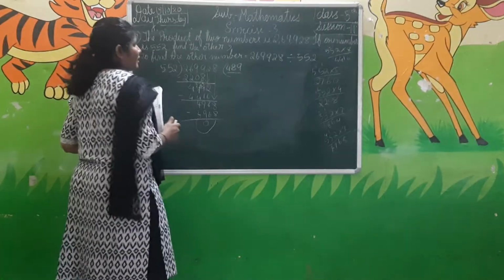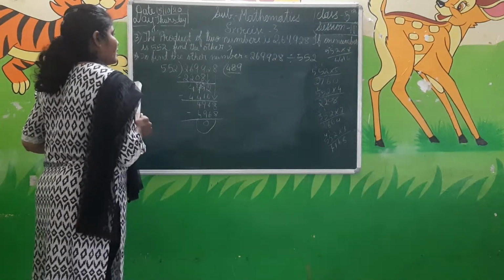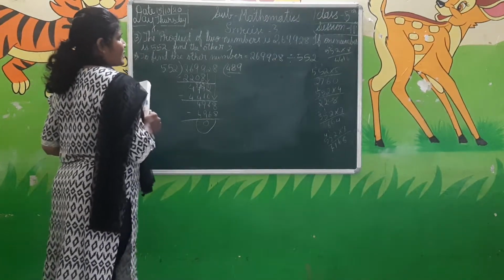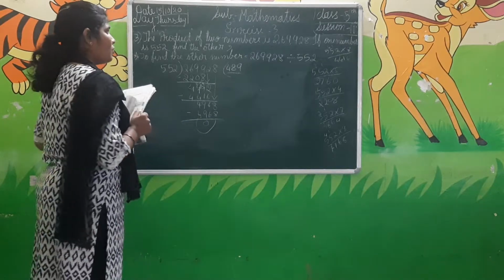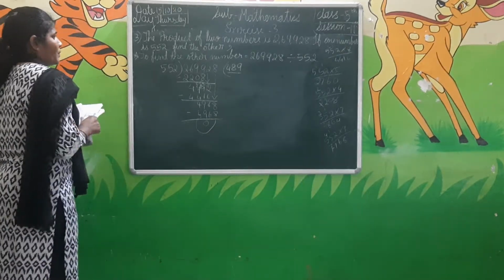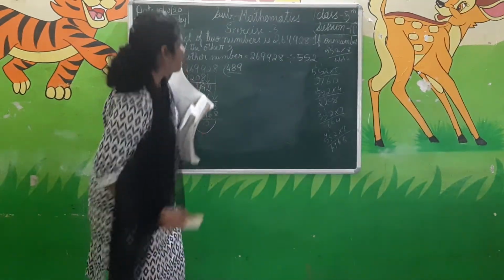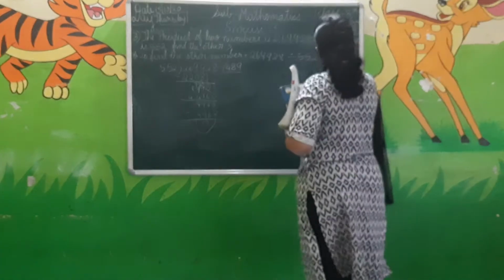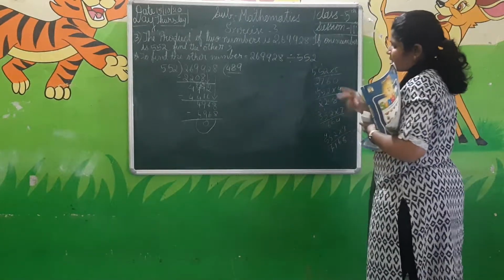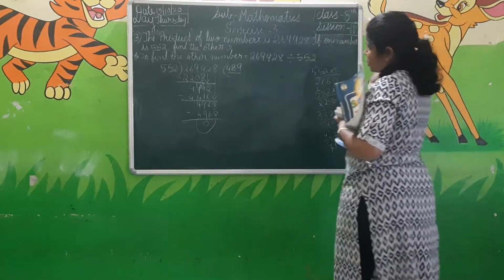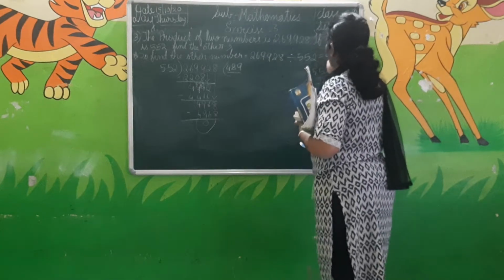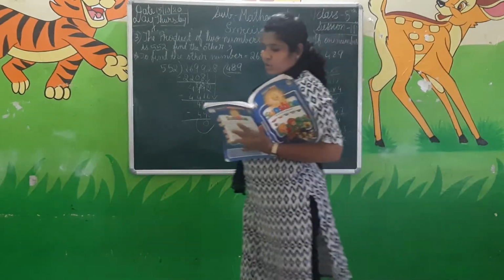If you multiply the number with the 489, we get the answer as 2,69,928. All this working you have to do on the side of the page itself. The answer is 489. Okay, children. Next, go for the fourth question.